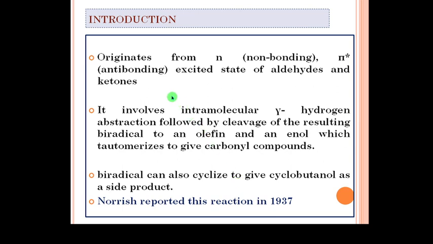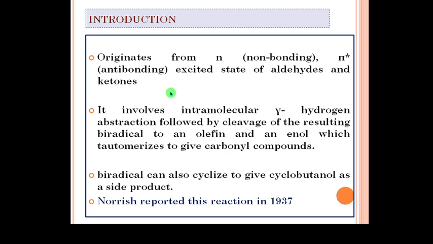That enol further tautomerizes into the carbonyl compound. And exactly this particular Norrish type 2 reaction is initiated from n to pi star, that is, n from non-bonding and pi star the anti-bonding. All of this is responsible in aldehydes or ketones, that is, carbonyl compounds. So the selection of the carbonyl compound is very important in the case of Norrish type 2.